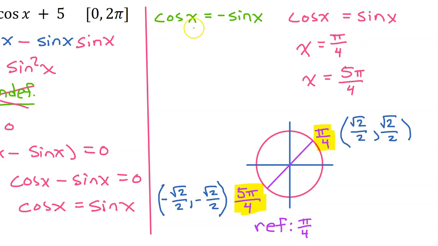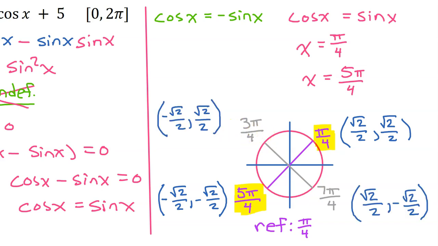We can find solutions to the green equation in a similar way. This means that we need sine and cosine to be equal to each other, except for one should be positive and one should be negative. We're still talking about a reference angle of pi over 4, but this time we must be talking about the second quadrant and the fourth quadrant. Think about it. In these quadrants, the x value and the y value have opposite signs.